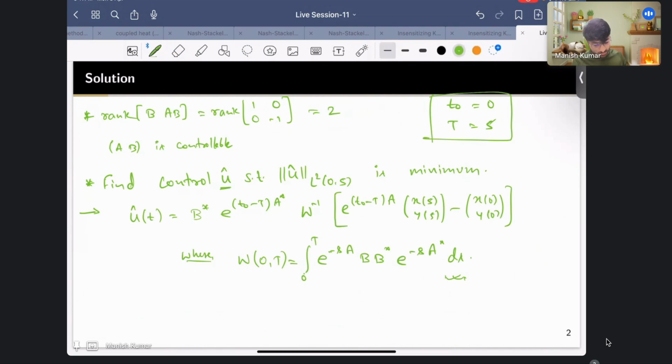Now we have already checked that this U hat had the minimal L2 norm.